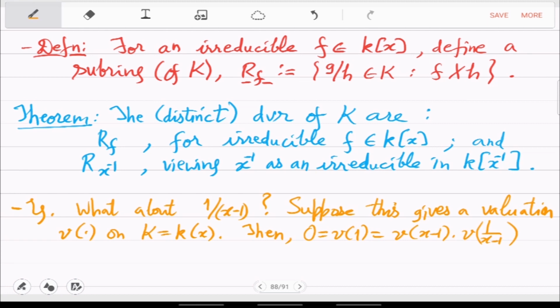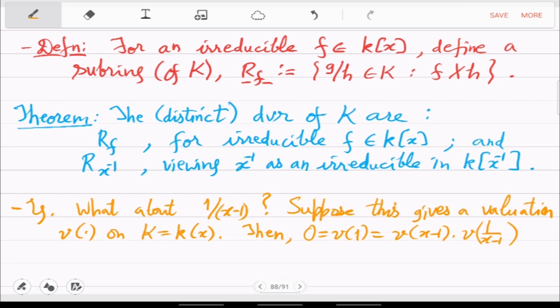Valuation of 1 by x minus 1 is 1. But why can't you do the same thing with x inverse? I thought I had a simple contradiction, but we have to think about this. Let me leave this for now.